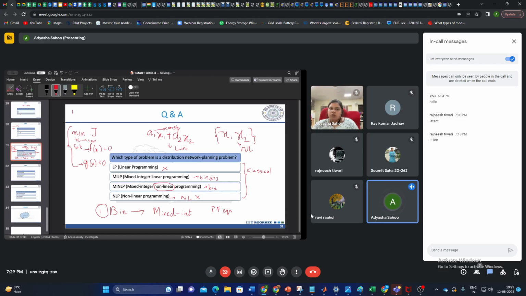Those are non-linear equations because we have multiplication of variables here. And also we have trigonometric terms here, which makes them highly nonlinear.